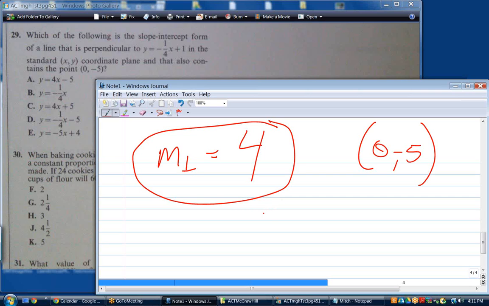Well, you don't have to know it, but it's useful to know. We could figure it out with the slope-intercept format, and I'll show you maybe both ways, just because there's the slope-intercept format. Excuse me, there's the point-slope format.